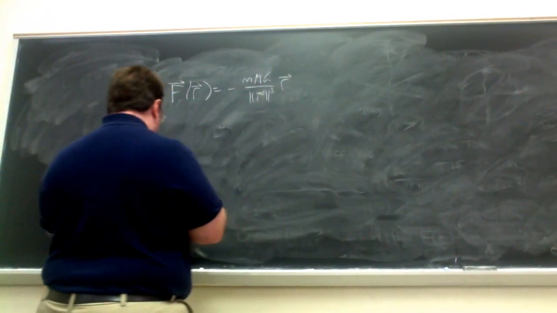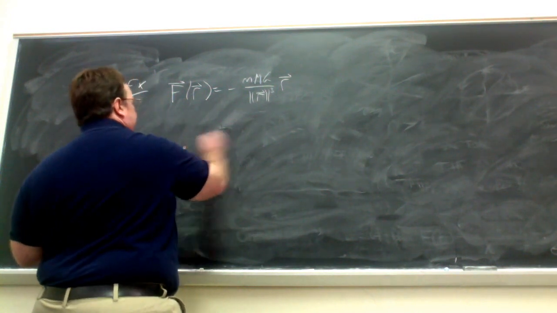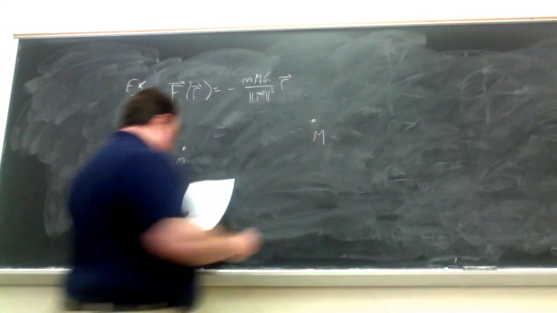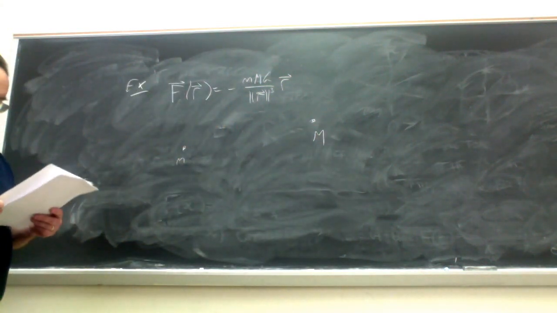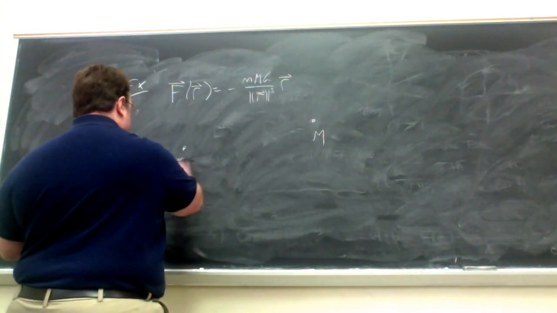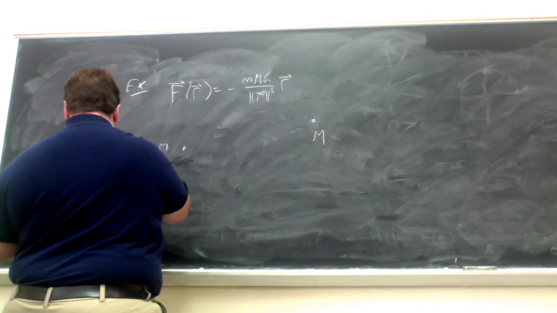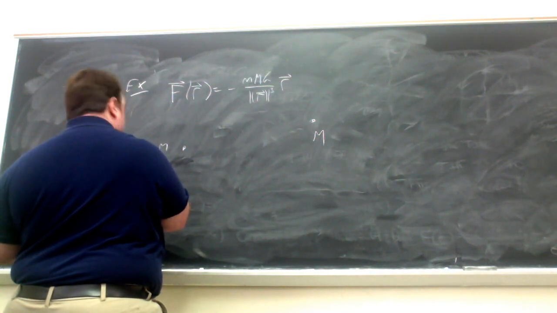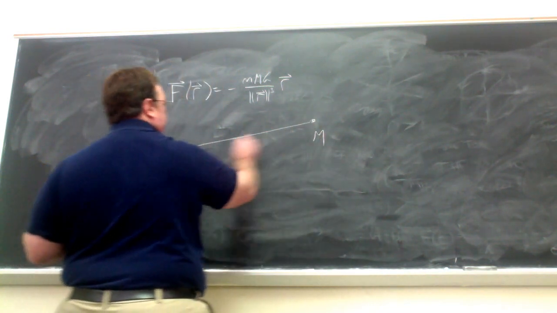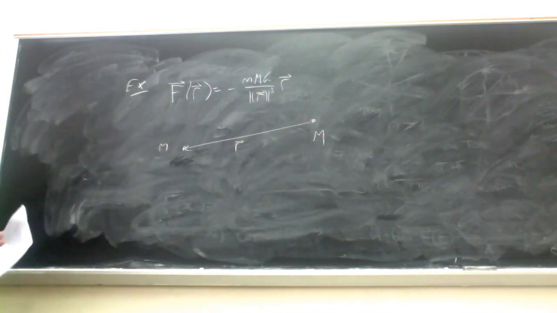So what we have is two objects of mass little m and big M. And we have R. So we assume, think of R as a position vector, so we're assuming that this mass is located at the origin.